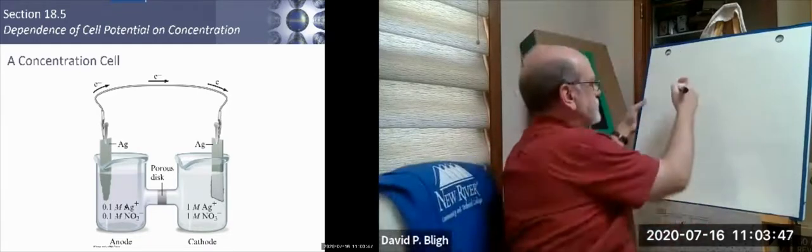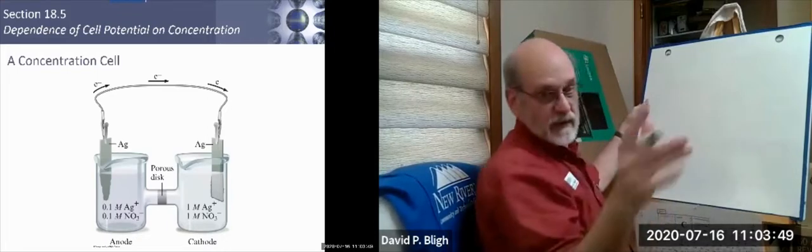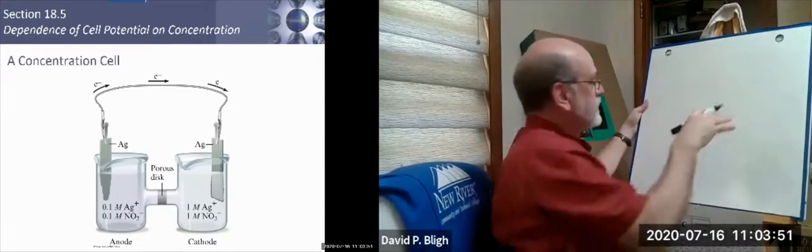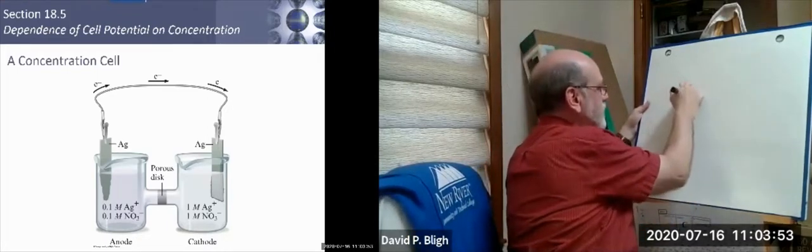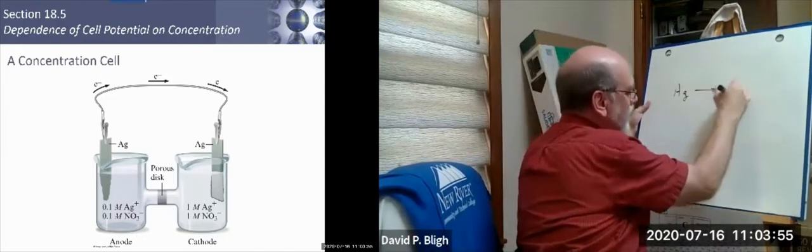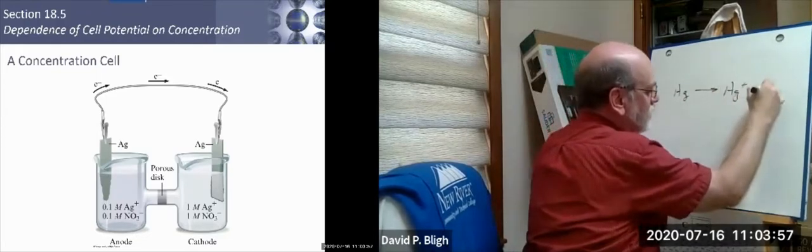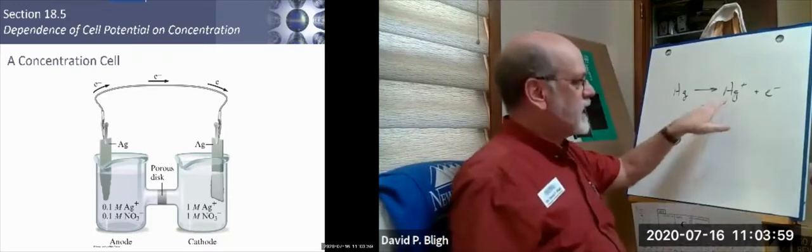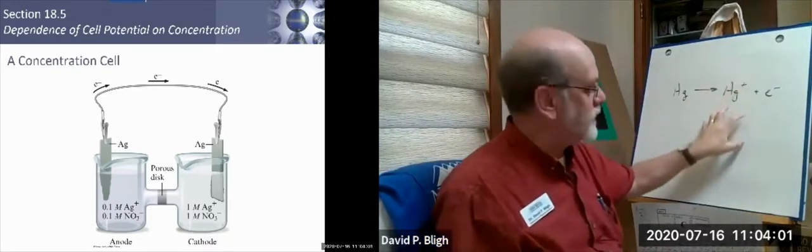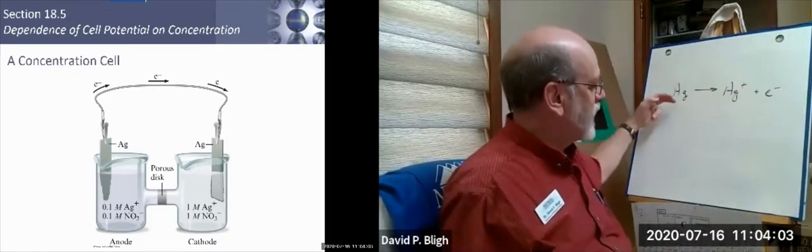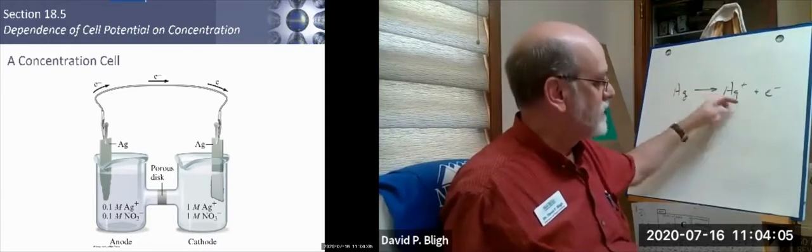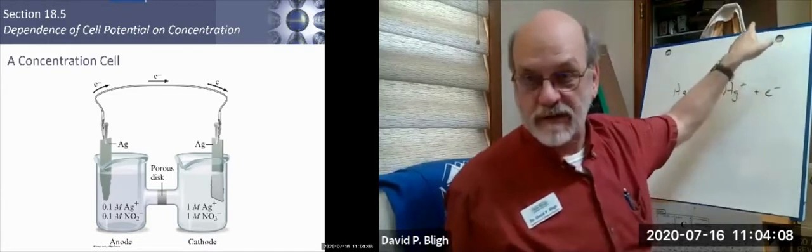Remember that? If the anodic side is the oxidation side, then this yields that plus this. If we reduce that silver concentration, we're going to drive the reaction this way, which gives up more electrons.